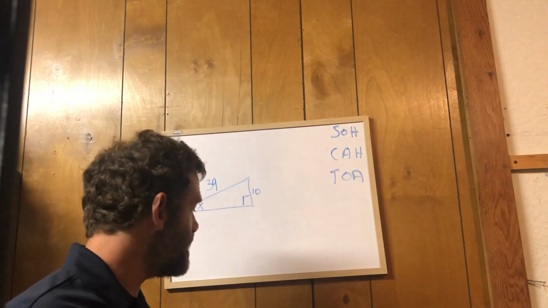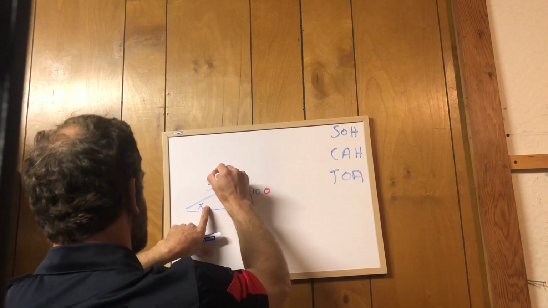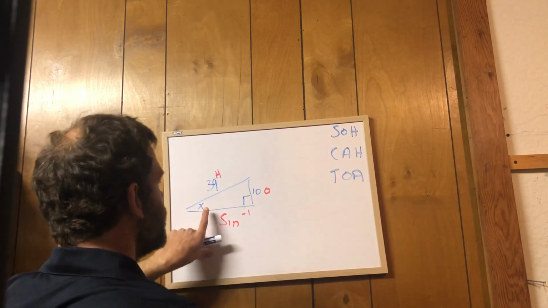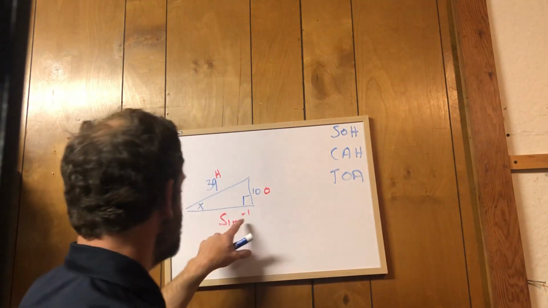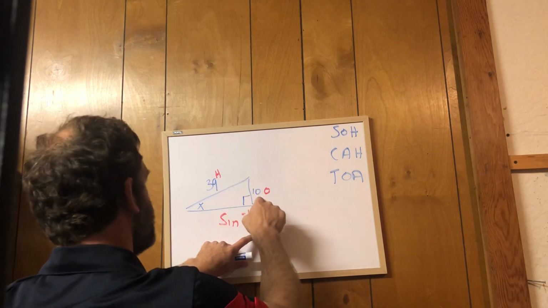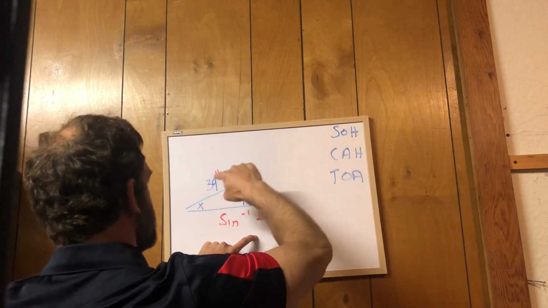Okay, let's see if you got it. From this angle, this is my opposite and this is my hypotenuse. So I'm going to use sine, but I do inverse, and I only do inverse when I'm trying to find a specific angle. So inverse sine; sine is opposite over hypotenuse.